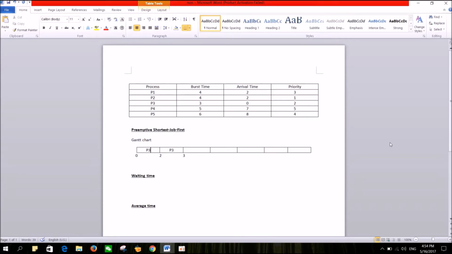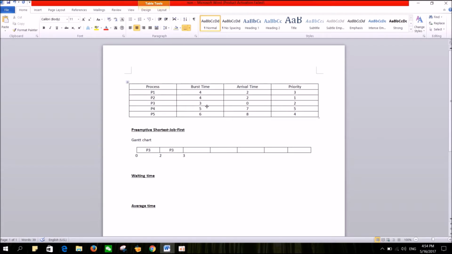After P3 finishes its execution, now we have to check which process will be executed after 3 seconds. Because now we already found 2 processes that arrived at 2 ms, which are P1 and P2. Because both have the same arrival time, we have to check their burst time. The process which has the lower burst time will be chosen to be executed first.